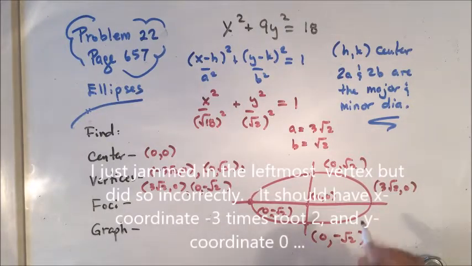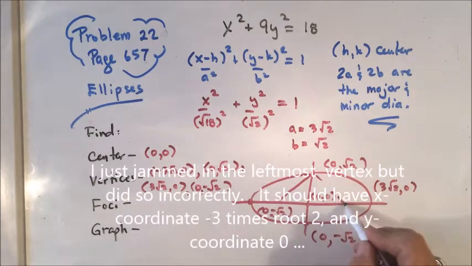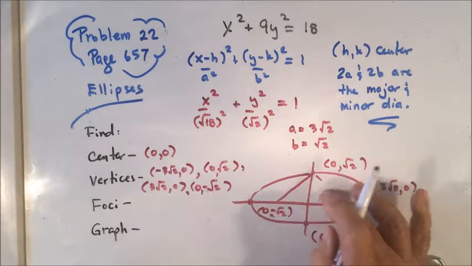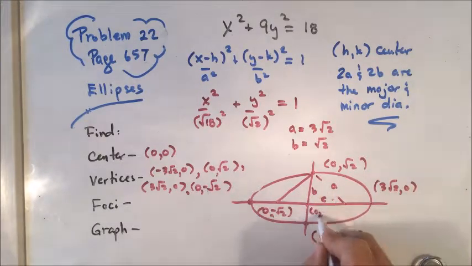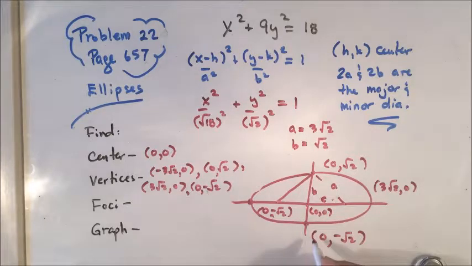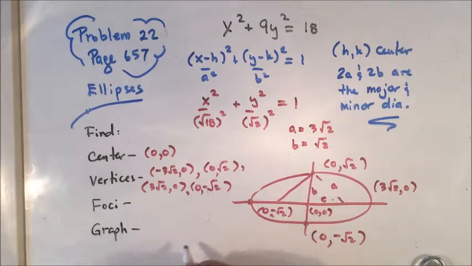Okay, how about the focal points? Remember, I'm going to drop this little triangle. I always put that in the wrong place. This is b, this is c, this is a. So if I want to find c, and I do so much, the Pythagorean theorem says a squared minus b squared is equal to c squared.